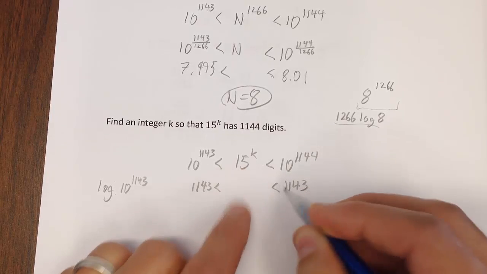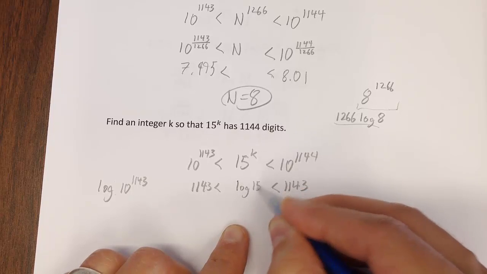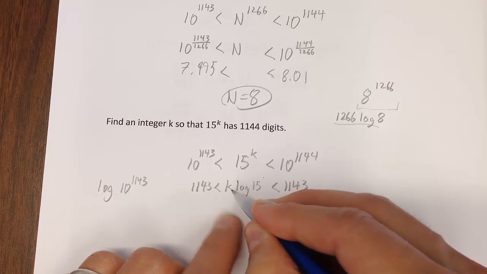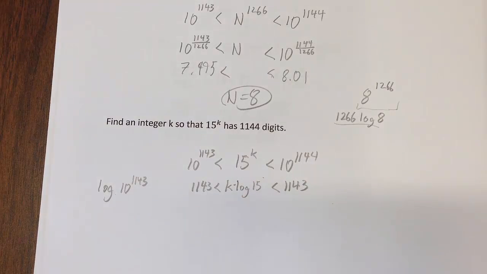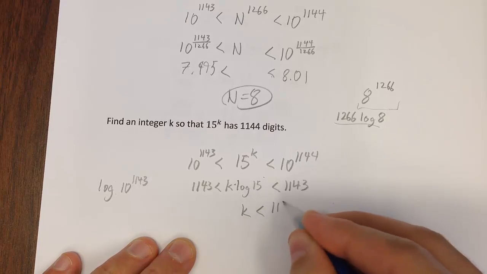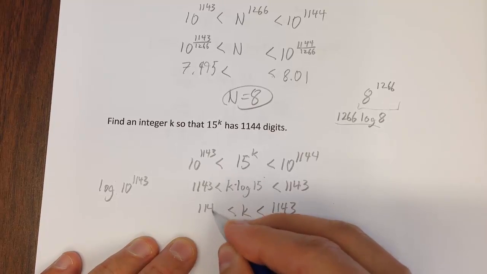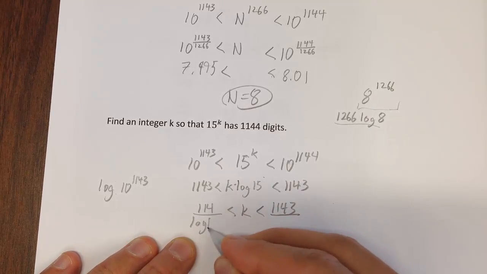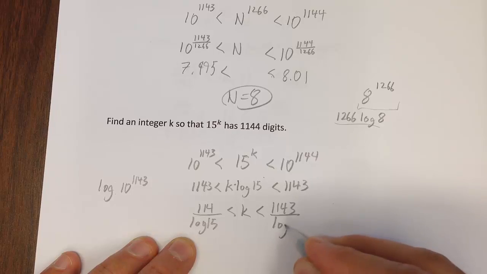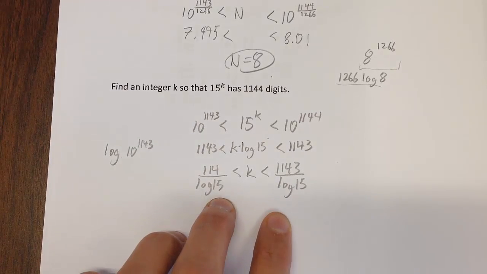Log base 10 of 15 to the k, I'll just write it as k times log 15. Now I can just divide by log 15. We're dealing with insanely large numbers here, but I can do that using logarithms.